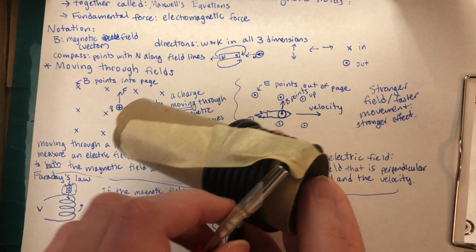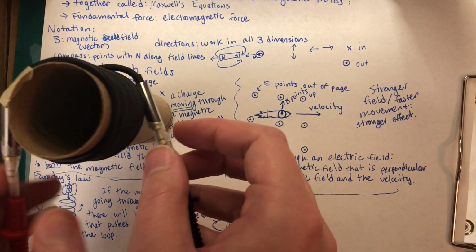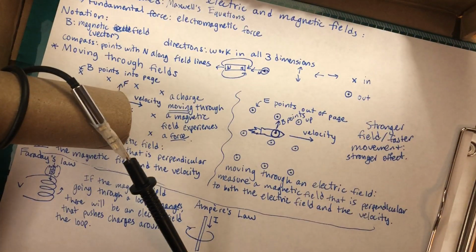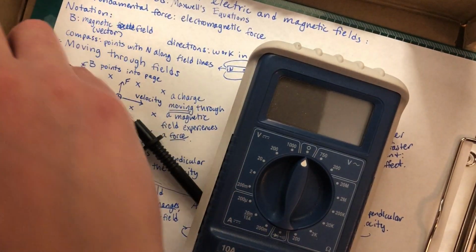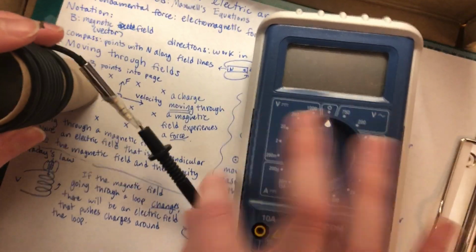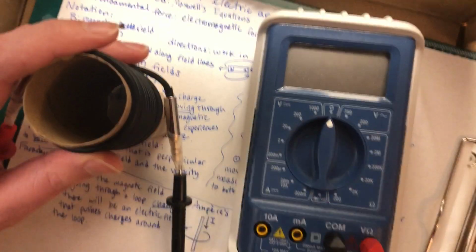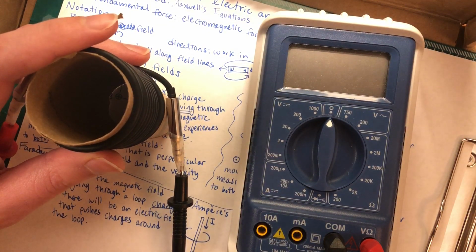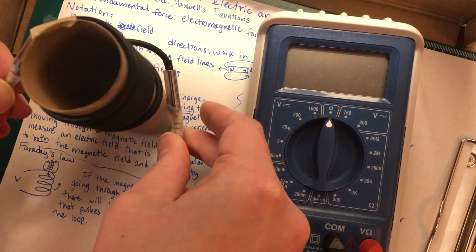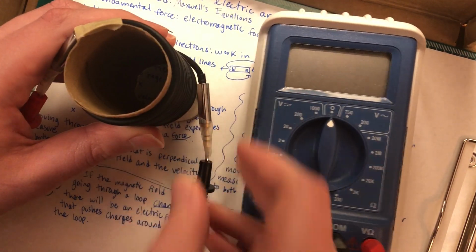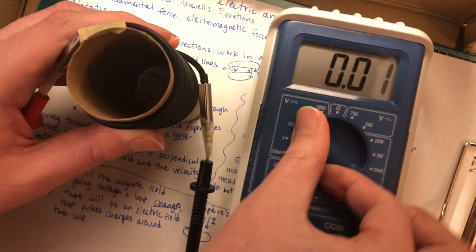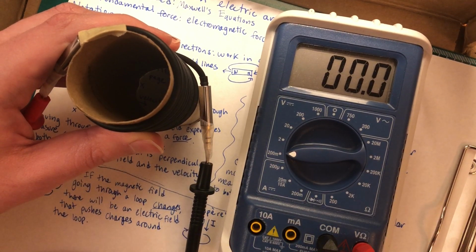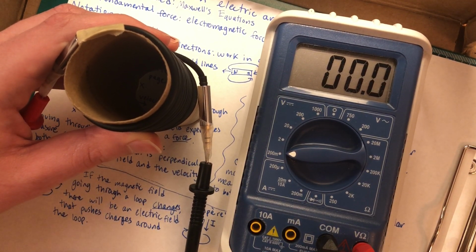I've attached the two ends of the cable to the probes on our multimeter, and if the charges are being pushed around the loop, that means that we will measure a voltage. It's a little bit hard to keep the two sensor leads connected, so I'll just double check and make sure that it's ringing here. Okay. We're going to put it on the most sensitive voltage setting.